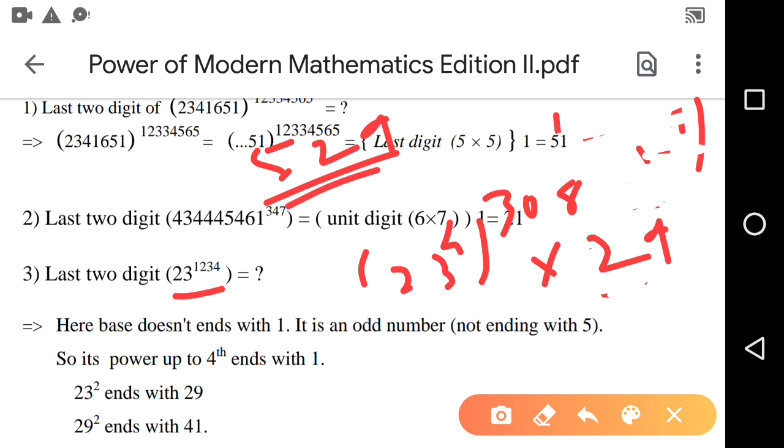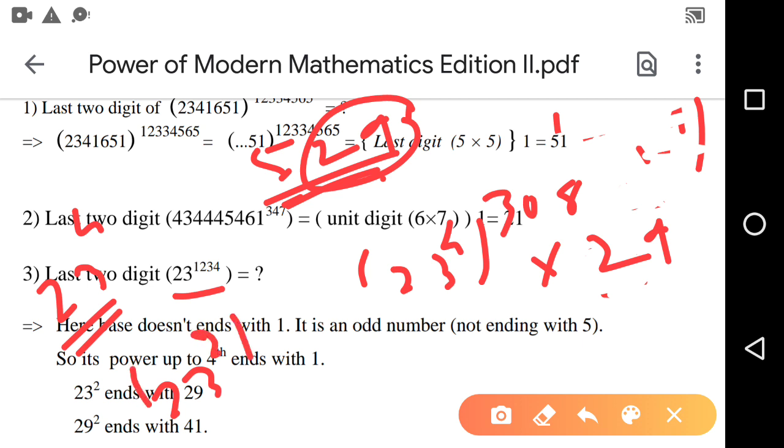Similarly, friends, 23 square ends with 29. So 23 raised to 4 is nothing but 23 square raised to power 2, and that will end with a number ending with 29 raised to 2, meaning 841.